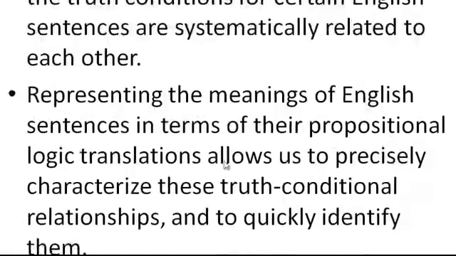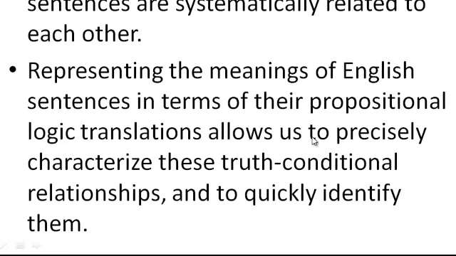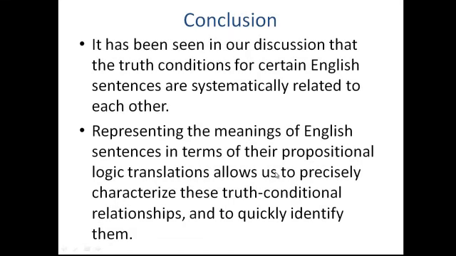In terms of their propositional logic, translations allow us to precisely characterize these truth conditional relationships and to clearly identify them. So, from the examples that we've discussed so far, we've been able to see some truth conditional relationships, and we've also been able to identify them.